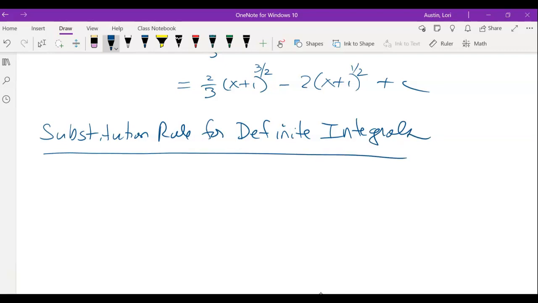So again, we're going to let our u equal the inner function. Okay, u is always the inner function. We'll put our expectations in.